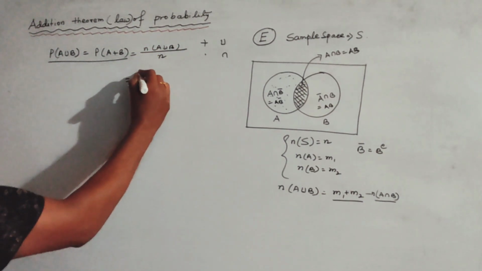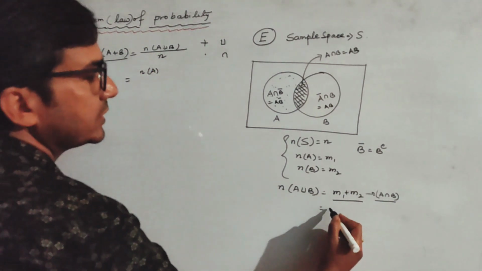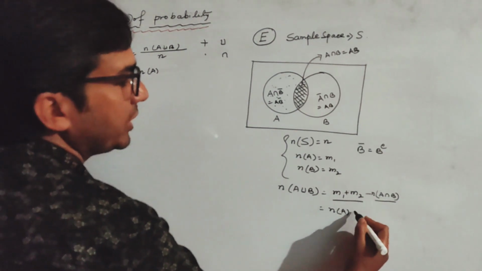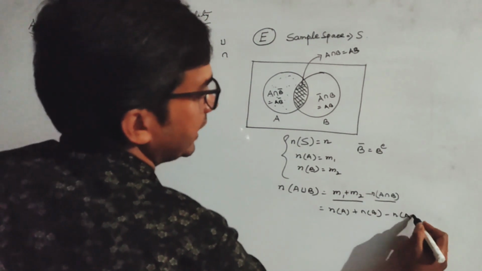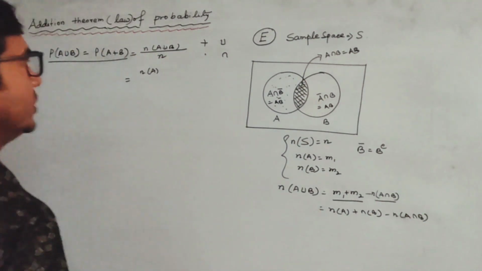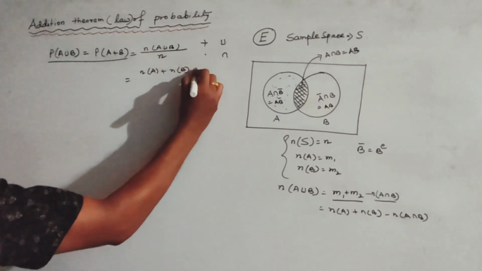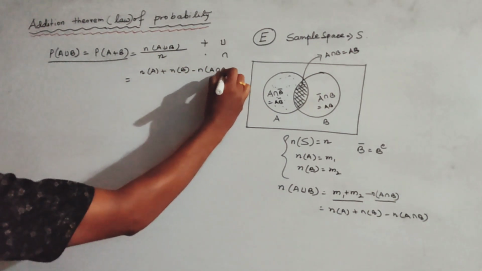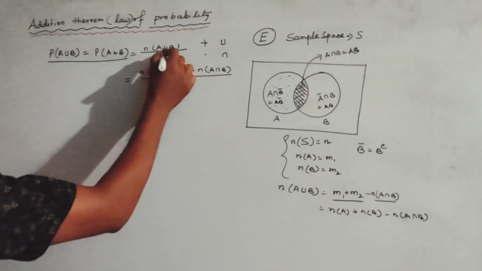Now we put the value of n of A union B, which is number of A plus number of B minus number of A intersection B, divided by number of S. This is n.